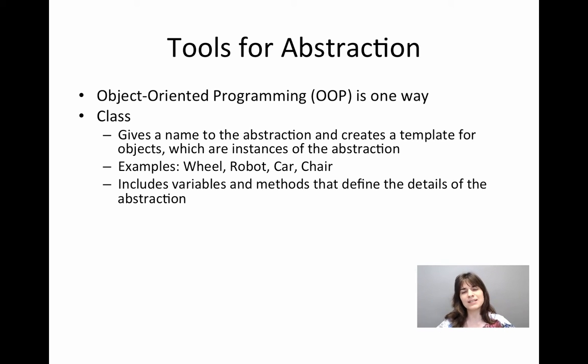We will also specify what kind of operations we want the robot to perform or others to perform on the robot. For instance, the robot might walk or it might speak. The robot might be able to turn right or left, and so forth.